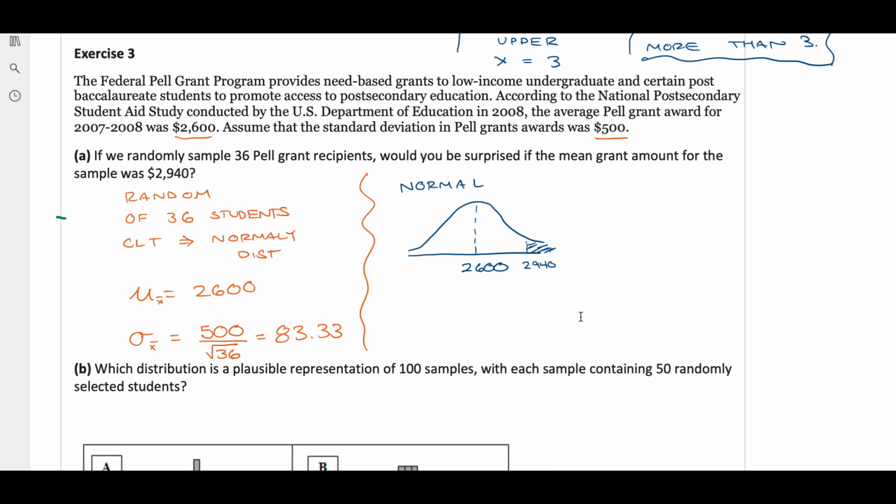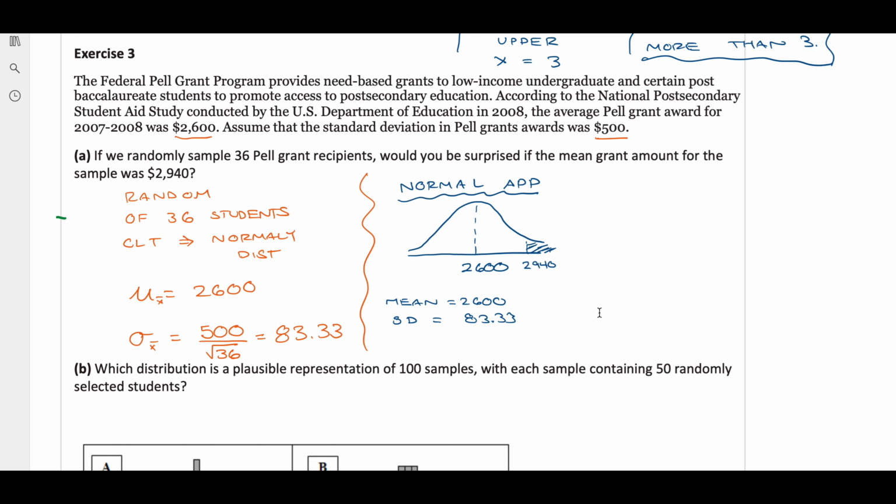And so I can find the probability by using the normal app. Is this unusual? I want to find the probability that the average is $2,940 or more from a Pell Grant. And so I'm going to use the mean of 2,600, the standard deviation of 83.33, and I'm going to use upper.